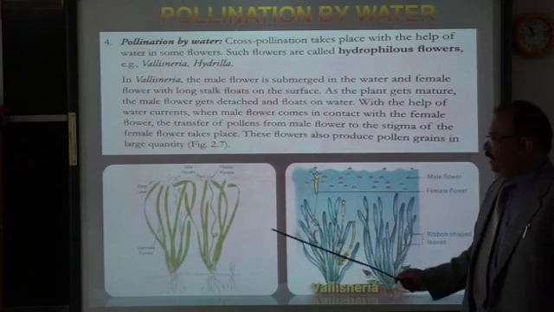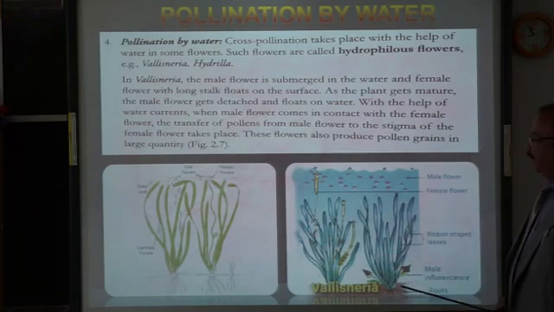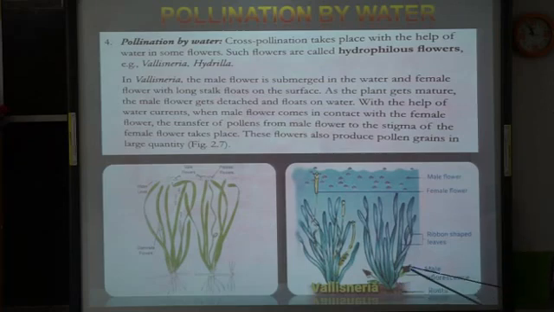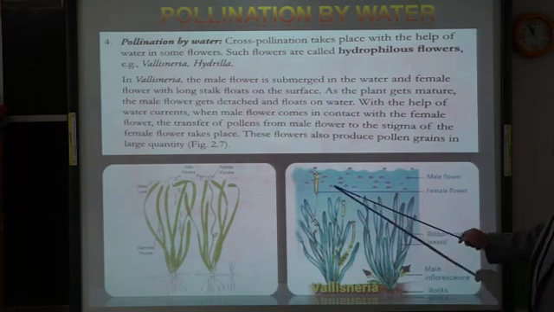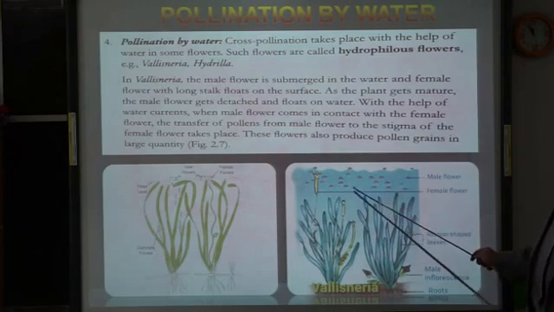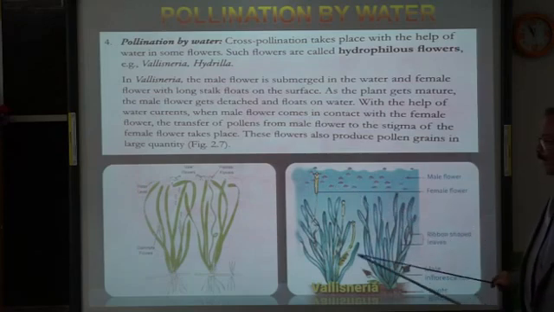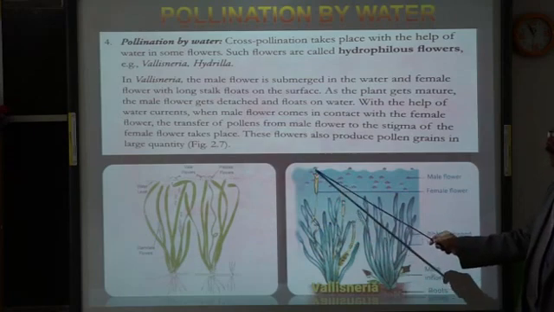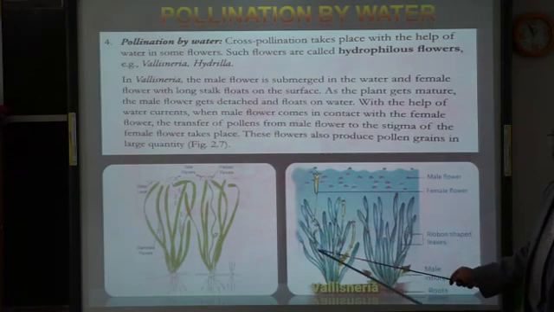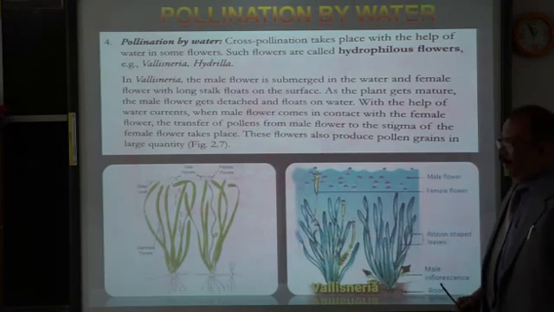So both the plants are there, male and female. Okay. Now here you can see this is the male inflorescence. Now from here only the flowers, once they are matured, are detached and they start floating on the surface of water. At the same time, it has got the female flower which comes up with a long stalk and receives the pollen grains.